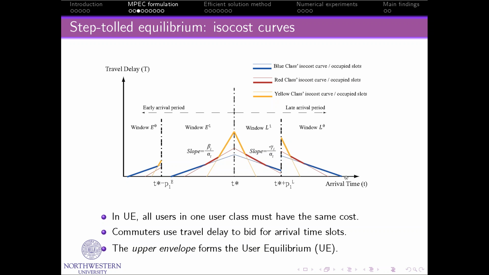However, this may be quite difficult to solve if we still consider this problem as a dynamic traffic assignment problem like this. So we try to transform this dynamic traffic assignment problem into a static traffic assignment problem.